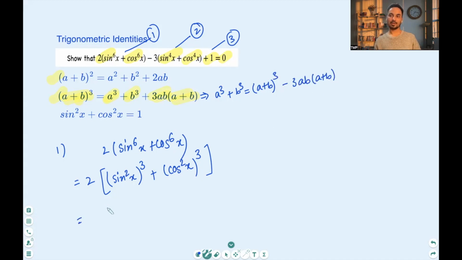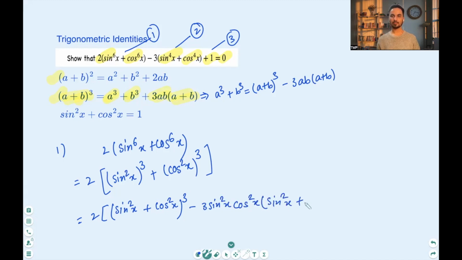And replacing a with sin²x and b with cos²x, you'll get (sin²x plus cos²x) whole cube minus 3 times sin²x cos²x times (sin²x plus cos²x).